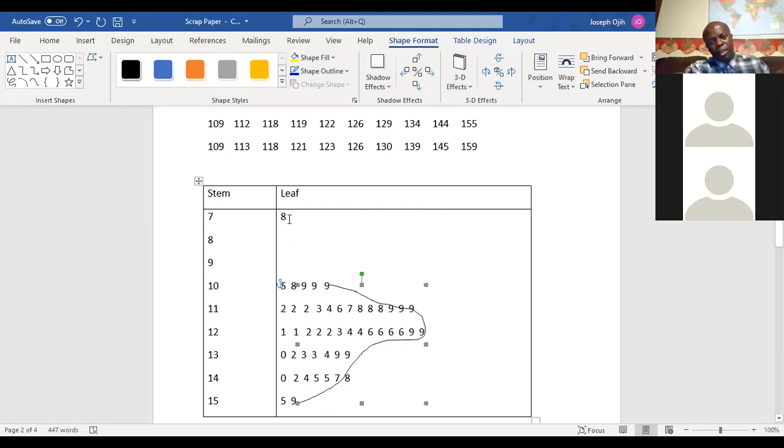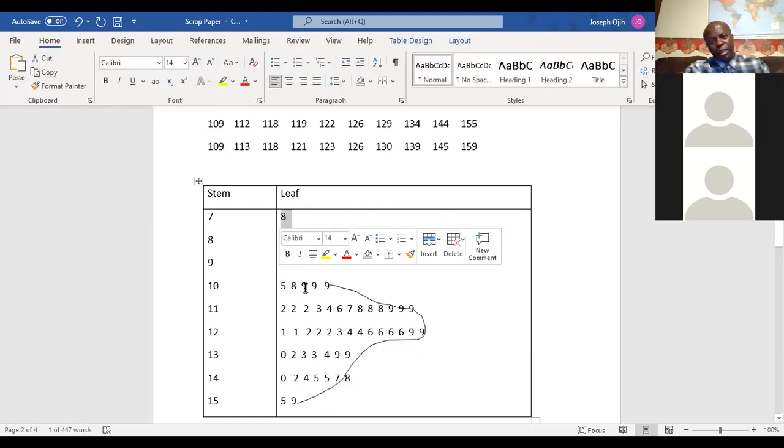And it has one outlier. You look at the outlier right there, 8 is standing out, there's a gap here. So you can see that it stretches to the right side.